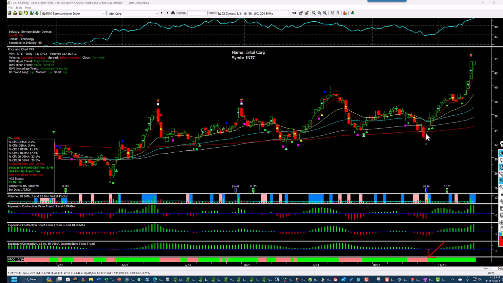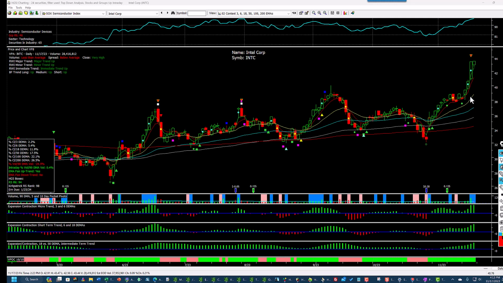Actually, the VPOC looks like it turned positive somewhere in there. But anyway, all these indicators were there on Intel that this stock was going to move up. We didn't know it would move like this, but the VPA flags signaled a move, and that's exactly what happened.